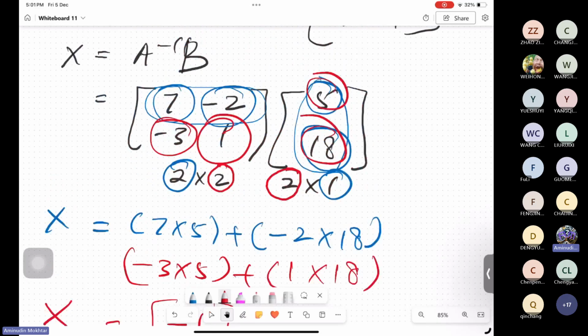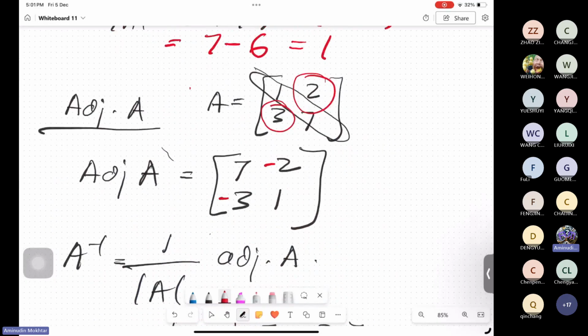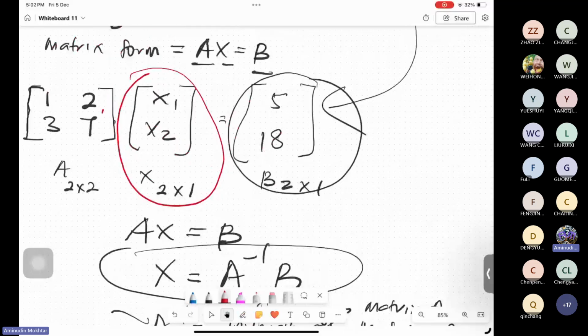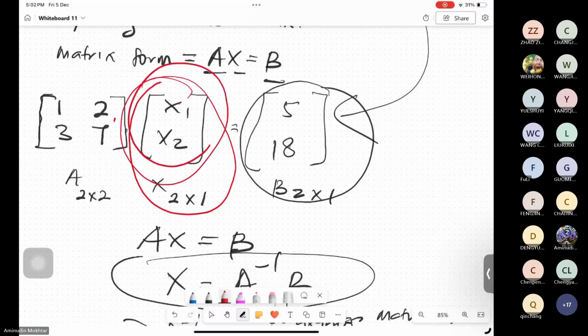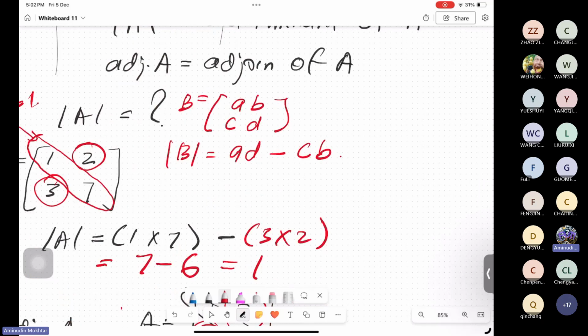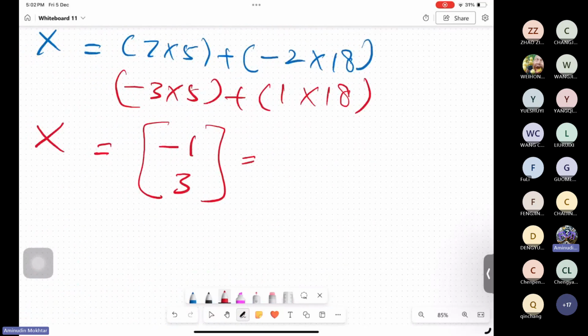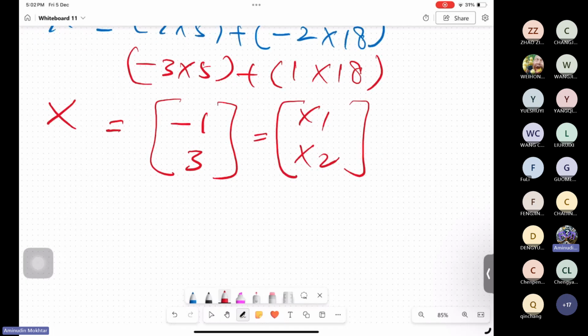Referring back to the original question, the components of X are x1 and x2. The first one is x1, the second one is x2. Therefore, x1 equals negative 1 and x2 equals positive 3.